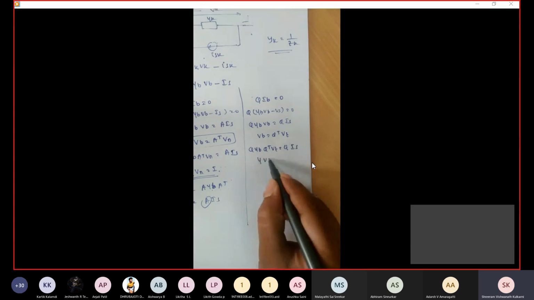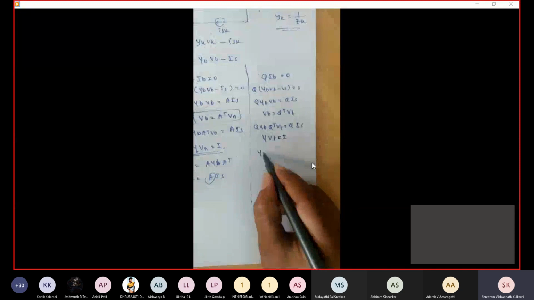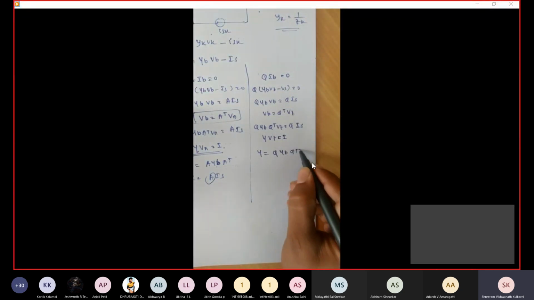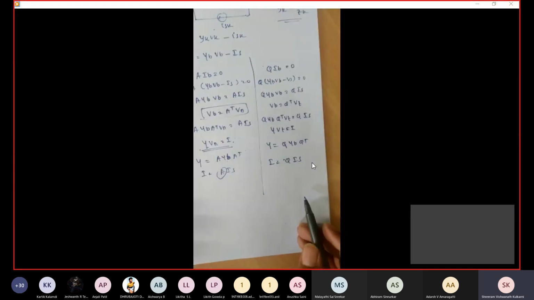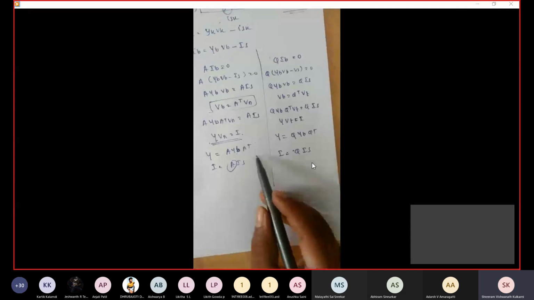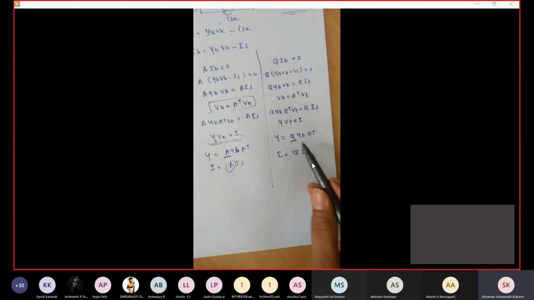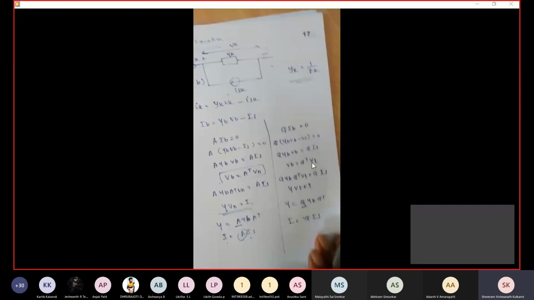So I can write Y equals Q YB Q transpose and I equals Q IS. There are two KCL equations we can get, where A is the incidence matrix and Q is the cut set matrix.